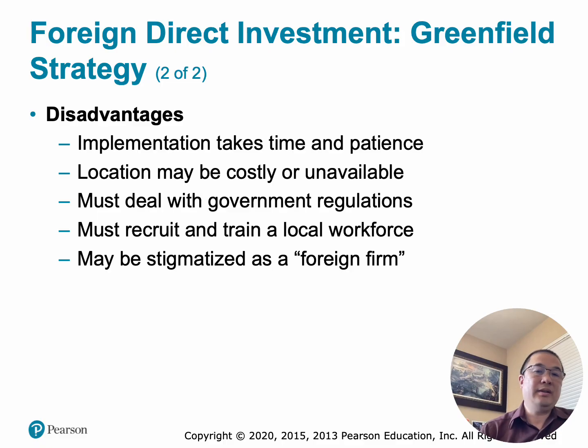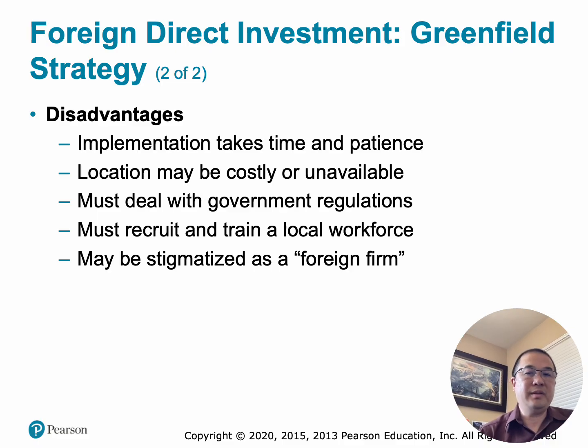The activities required are site selection, land purchase, permits and approvals, construction, equipment installation, hiring employees, and training workers. So as an example, a new automobile plant may take 2 to 5 years before producing its first vehicle. So the disadvantage here is slow market entry compared to acquiring an existing company.